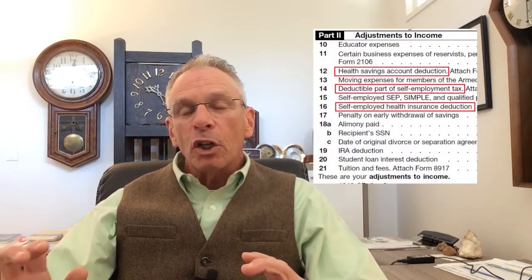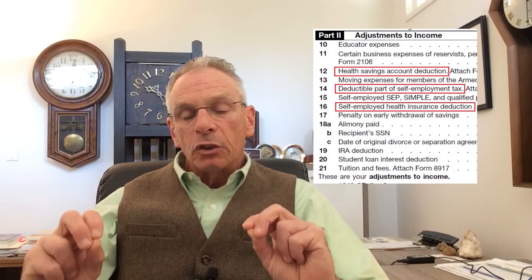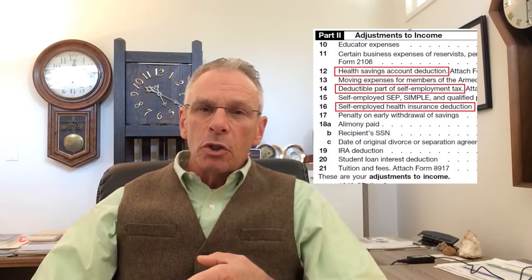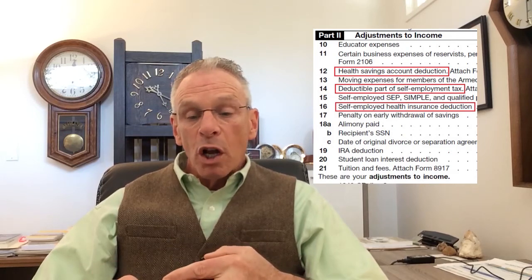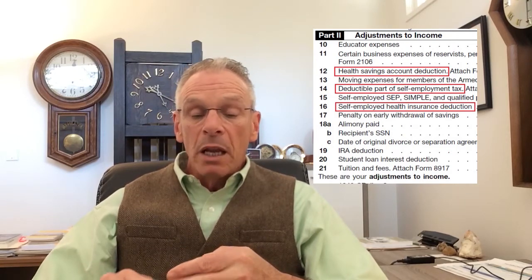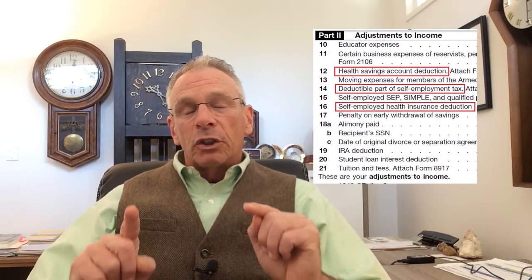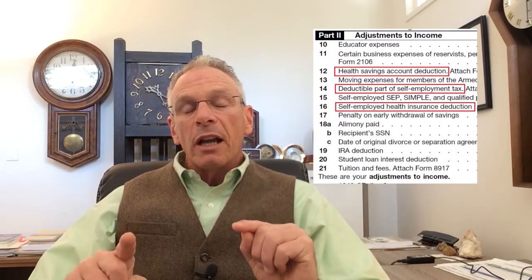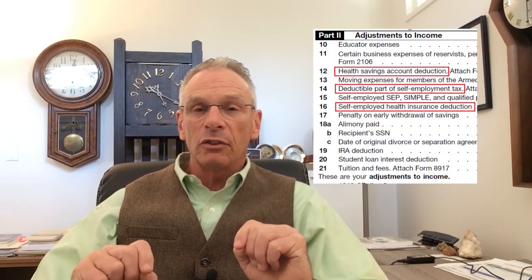Other adjustments go into your adjusted gross income. When you make a contribution to a health savings account, you get to deduct that. You get to deduct part of your self-employment tax. And also, and this is a tricky one, in certain conditions, you get to deduct a portion or all of your self-employed health insurance costs. That isn't the full rate if you're getting a subsidy.